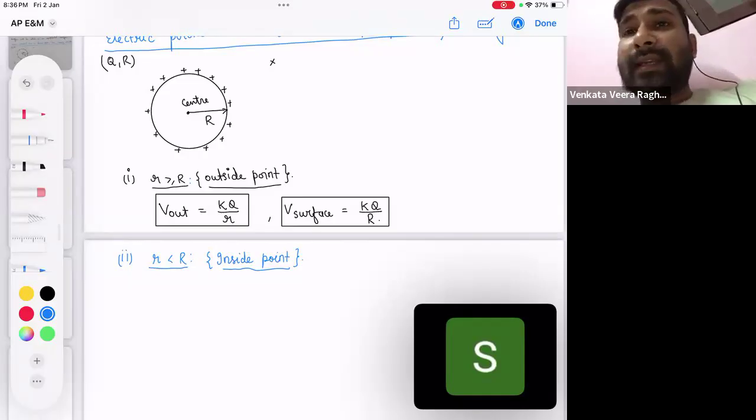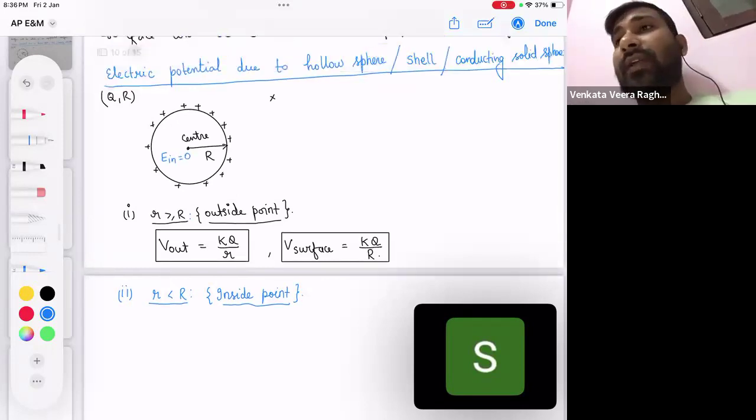What is the reason? The simple reason is: if you look inside, what is the field inside that we have calculated? The field inside a conducting sphere or hollow sphere or shell, we got as 0.